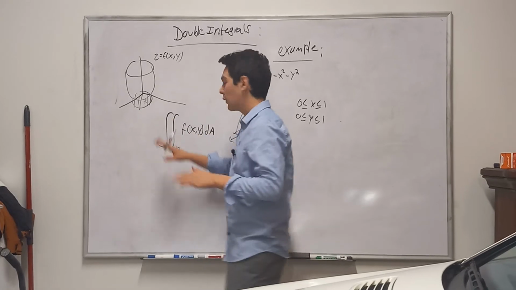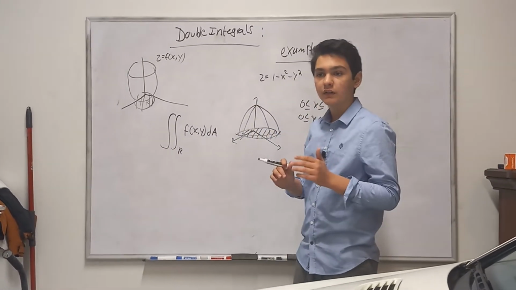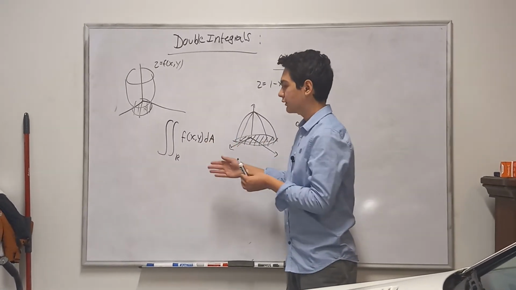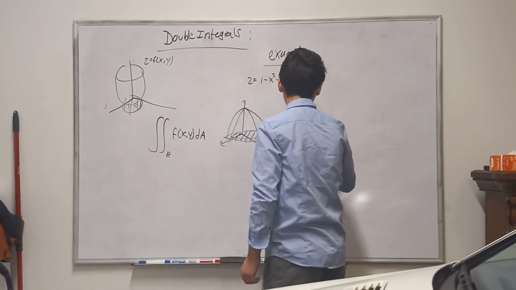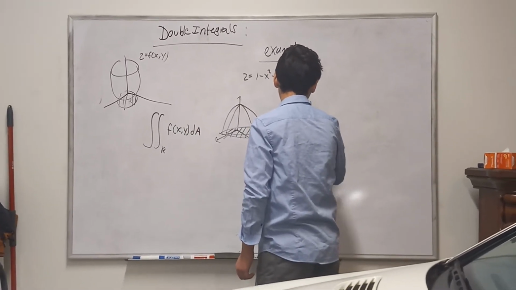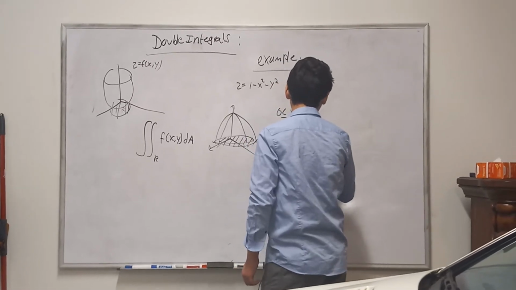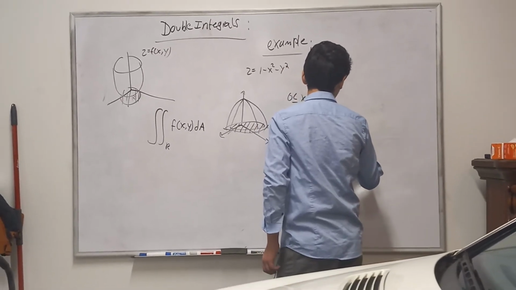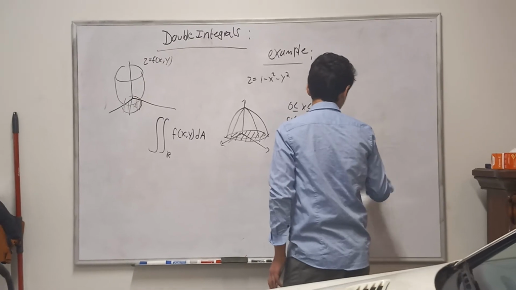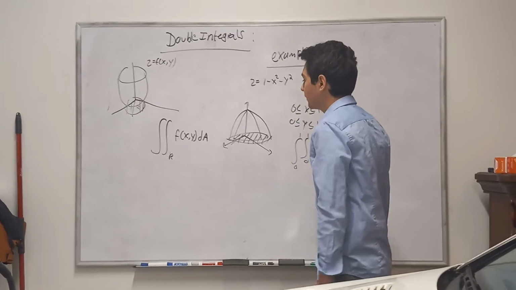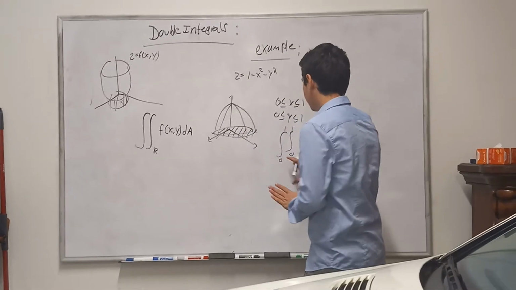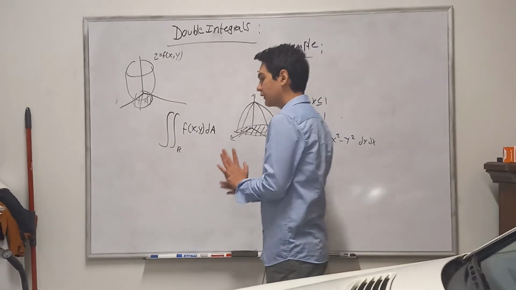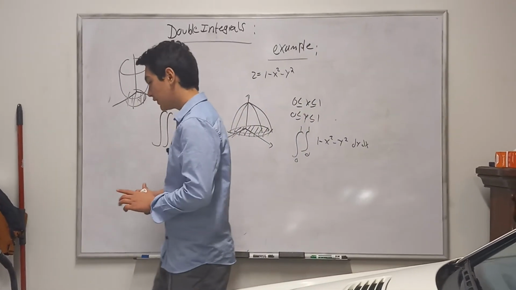Next video, hopefully, we'll get into how to switch bounds. So we can notate this as the integral of 1 minus x squared minus y squared dy dx. This dy dx is pretty much this dA here. Now we got lucky. In this example, these bounds can be flipped, and it wouldn't make much of a difference.